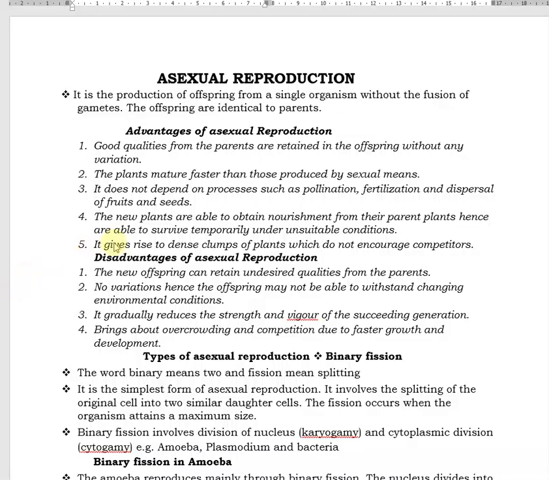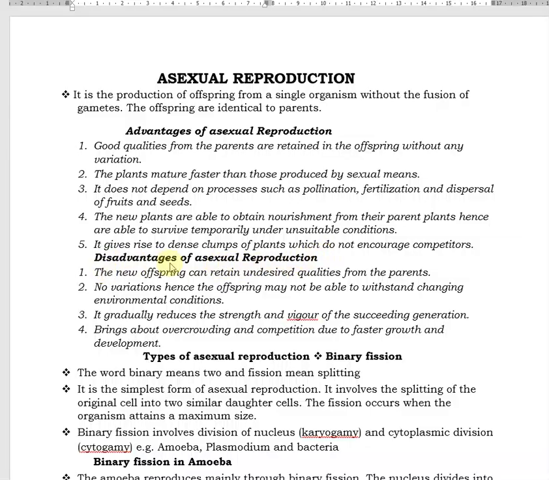Number five, it gives rise to dense clumps of plants which do not encourage competitors. So in asexual reproduction, there is no competition. Anything with an advantage must also have a disadvantage. Now let's look at the disadvantages of asexual reproduction.